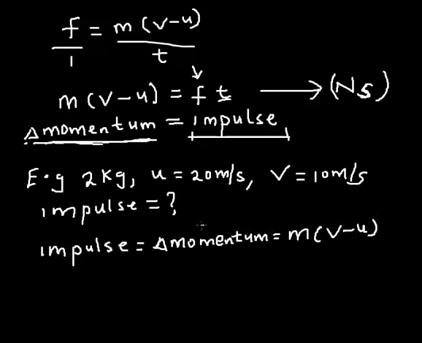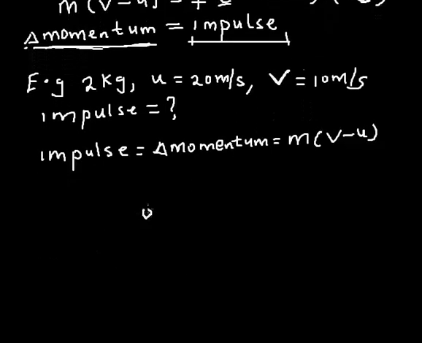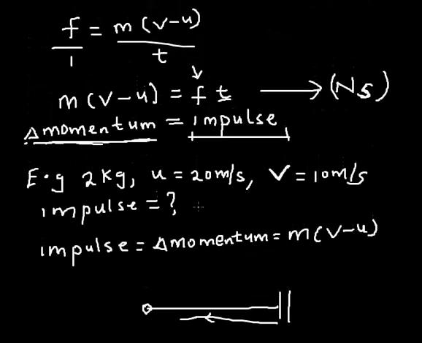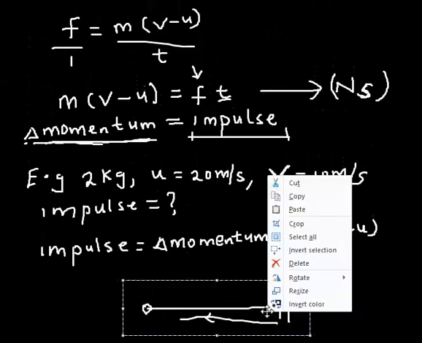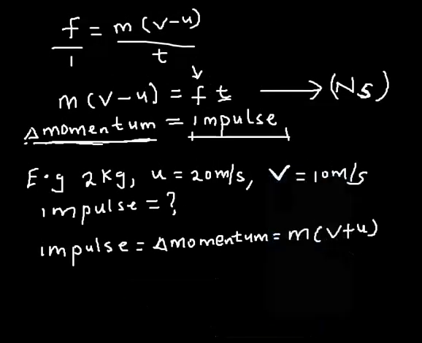But one thing is very important for us to note. This final velocity was a rebound. Anytime the question comes in this way, where the object hits a wall and returns back in the opposite direction, that simply means that the minus here becomes plus, because both the initial and the final are now in the same direction.